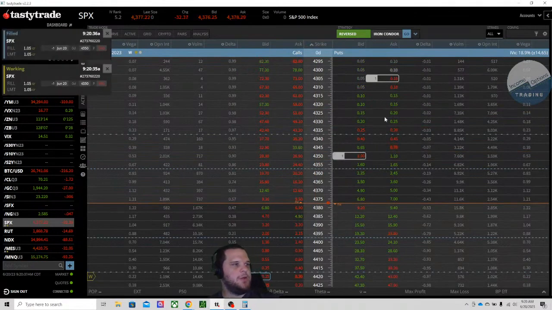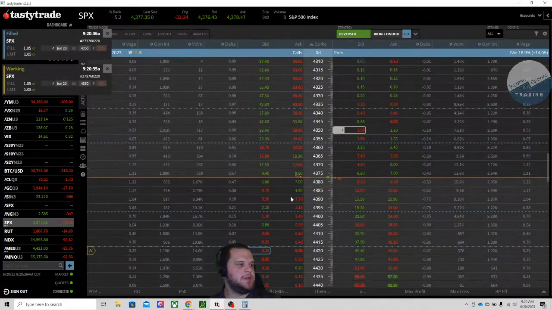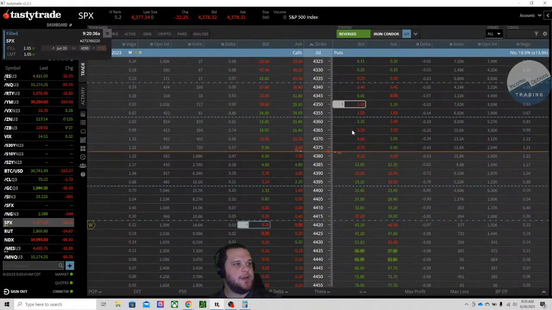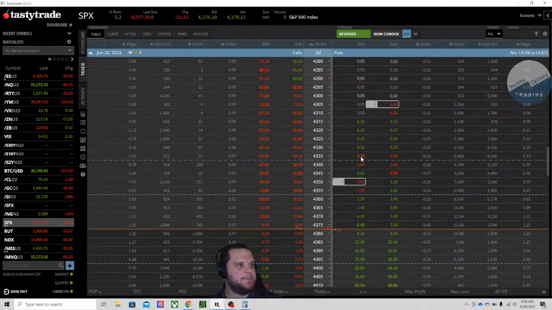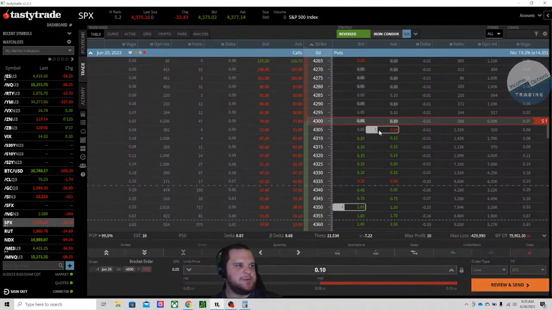So another thing you can do is, and this is more on the call side, but if you were to get stopped, and let's say this was going for like 30 cents, I could sell the option that's further away and make this into a debit spread.